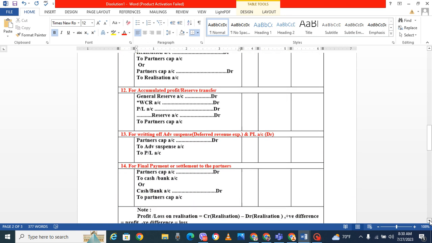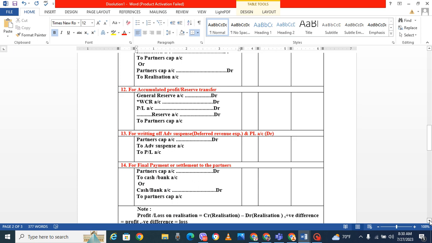If there is any accumulated profit or reserve in the liability section of the balance sheet, then we have to transfer those as we have done previously in admission or retirement. So there may be general reserve, WCR (the workmen compensation reserve), PL account, and another reserve like contingency reserve, etc. Whatever is there in the liability section in the form of accumulated profit or reserve, you should transfer it.